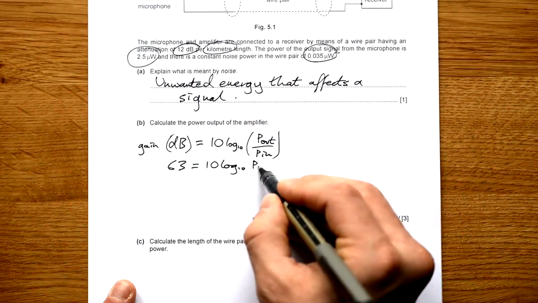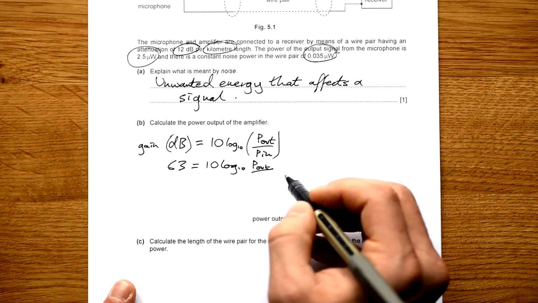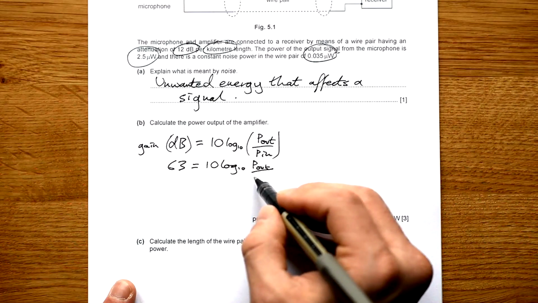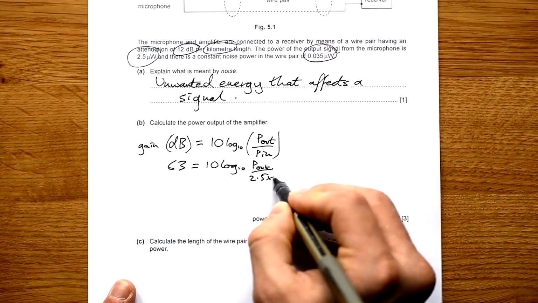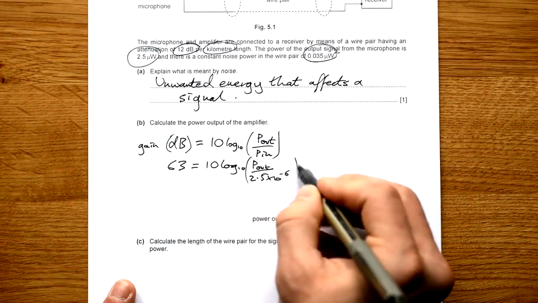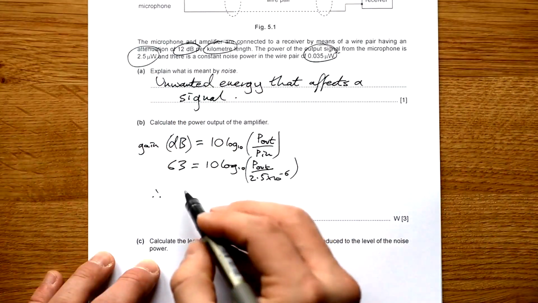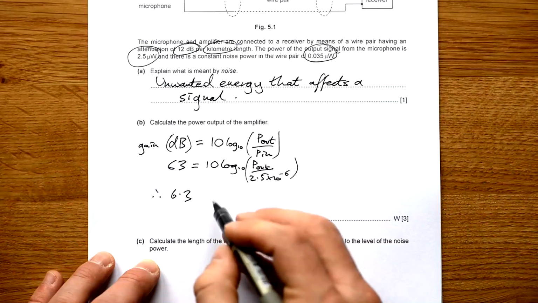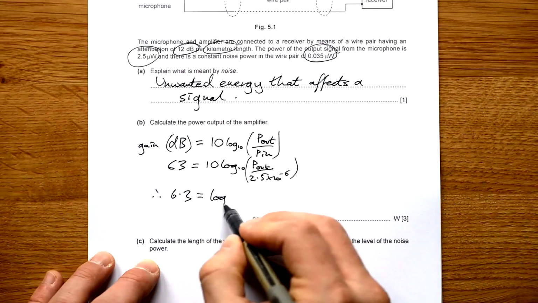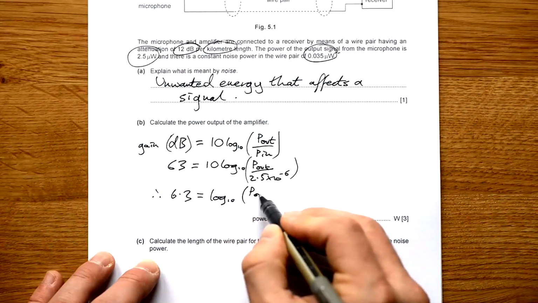We're trying to find out the power out, and the power in is 2.5 microwatts, because that is what is going into the amplifier. So therefore 6.3, because divided by 10, equals log to the base 10 of power out by that.